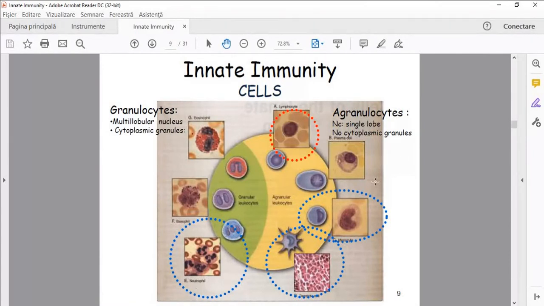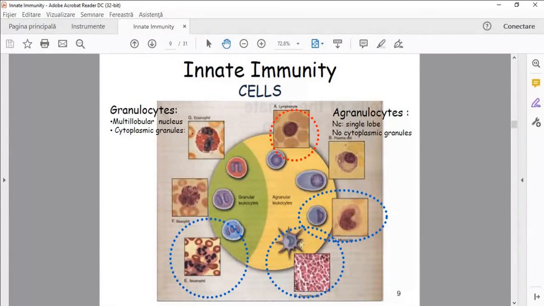Also derived from the myelocytic line, we have antigen-presenting cells, mostly dendritic cells. They have multilobate nuclei containing cytoplasmic granules that are colored with neutral color.